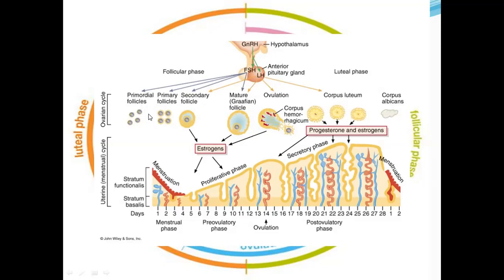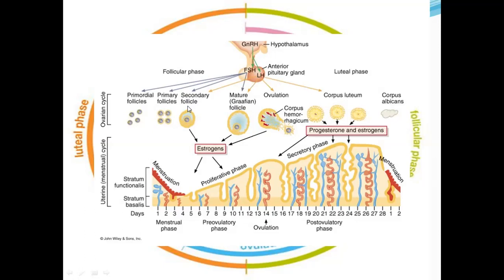The primordial follicle will be stimulated and convert into a primary follicle, and the primary follicle will convert into a secondary follicle under the influence of follicle stimulating hormone. And when the primary follicle converts into a secondary follicle, that secondary follicle will start production of estrogen. Remember, the difference between primary and secondary follicle is in their cellular structure, and the secondary follicle is more mature.